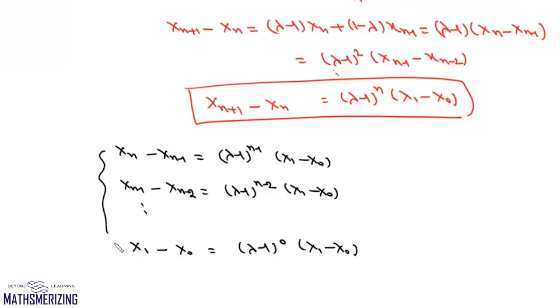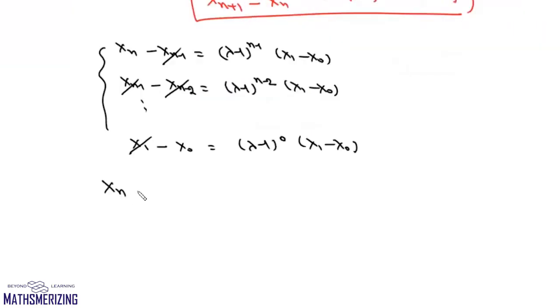Now if we add them all up here, x_(n-1) will cancel, so we'll get x_n minus x_0. We'll take x_1 minus x_0 common, and then we can write this as the summation of (lambda minus 1) to the power k, where the value of k varies from 0 to n minus 1.